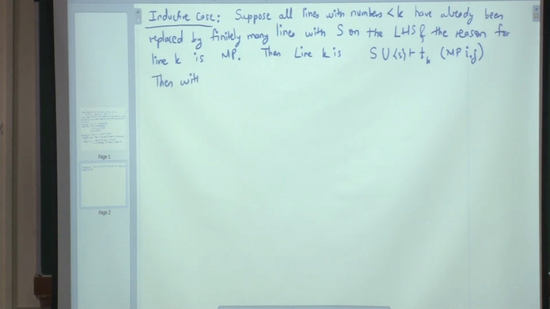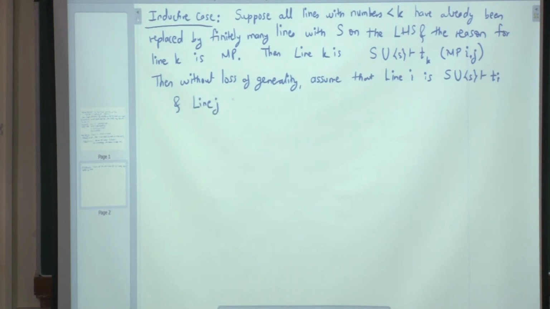Then without loss of generality, assume that line I is S union singleton S proves Ti, and line J is S union singleton S proves what?